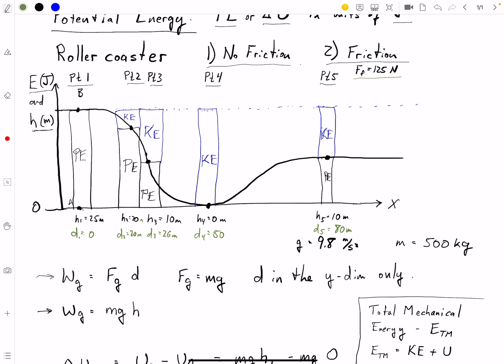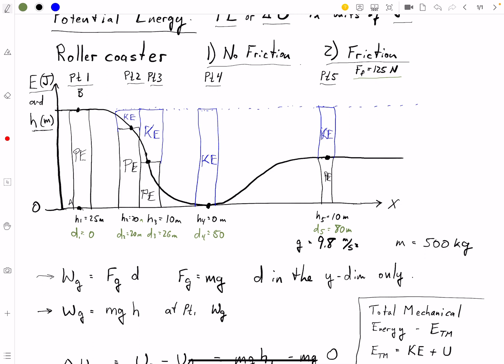Let's find out what the work of gravity is. So the work of gravity at point 1. Okay, so let's go back here. At point 1, the work of gravity. Well, has gravity done anything? It really hasn't. It has a potential to do something, but it hasn't done anything.